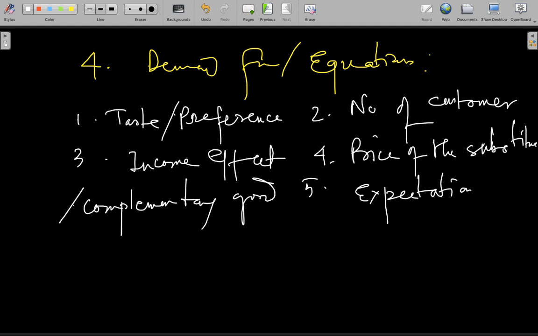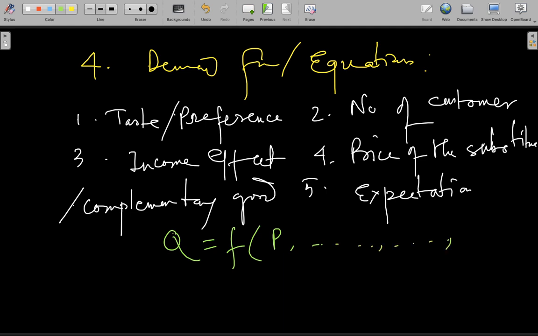And if I plot the demand curve and write the equation, I have the liberty to write Q as a function of price, along with all these different factors.